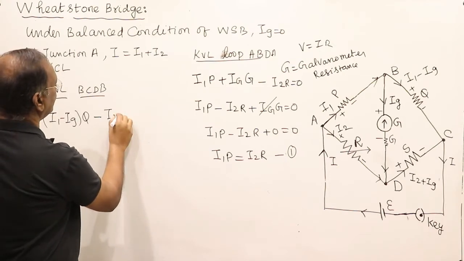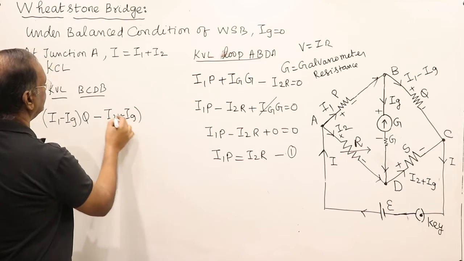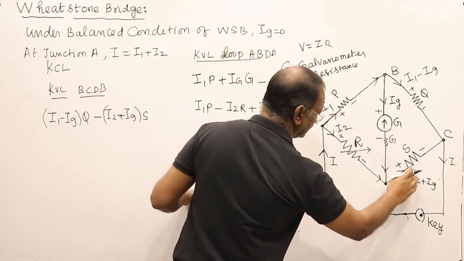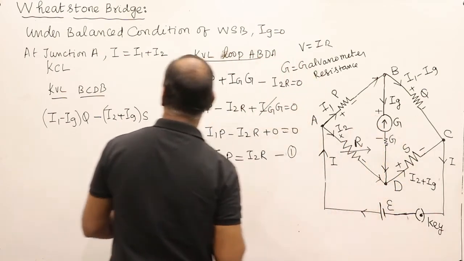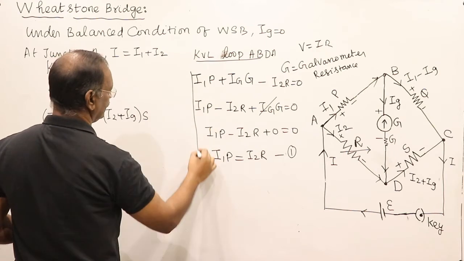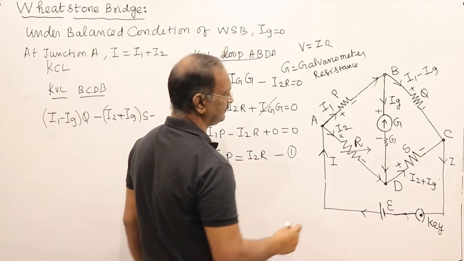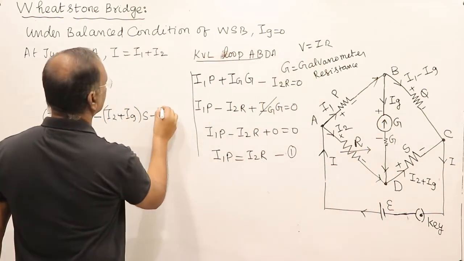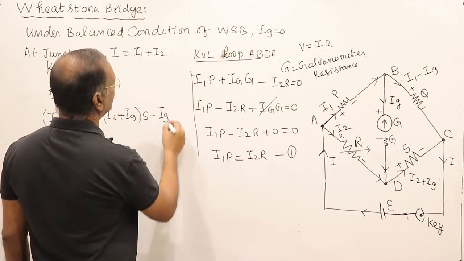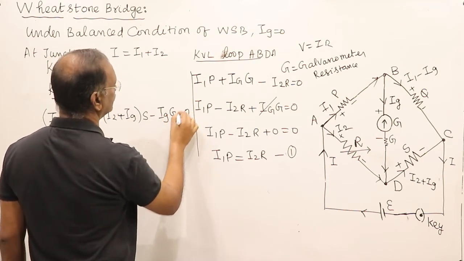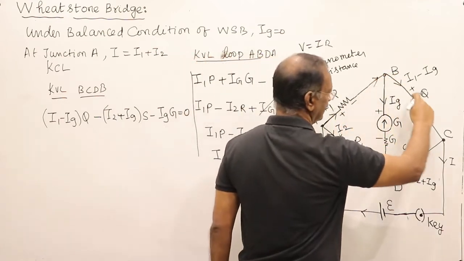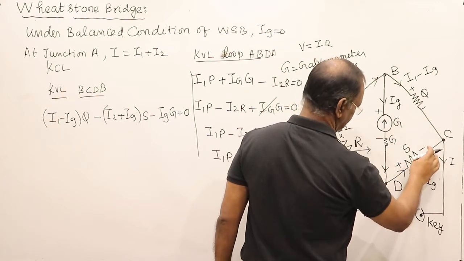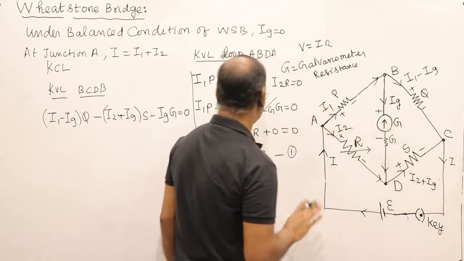I2 plus Ig, this is the current, and resistance is S. Again we are going this way, negative to positive, so this will be a negative voltage. What is this current? This current is Ig into galvanometer resistance, equal to 0. So we have completed the path: plus to minus means positive voltage, minus to plus means negative voltage, simple.